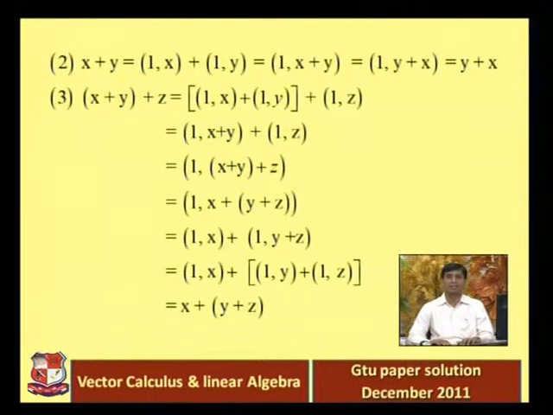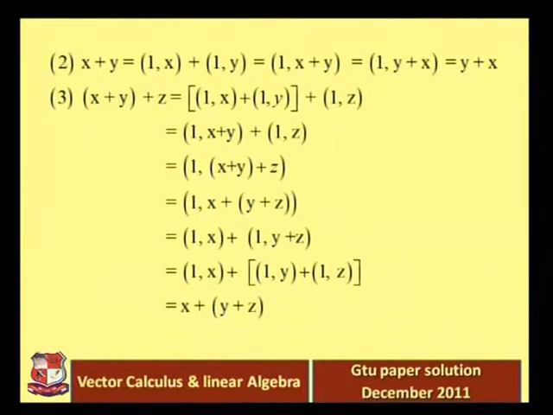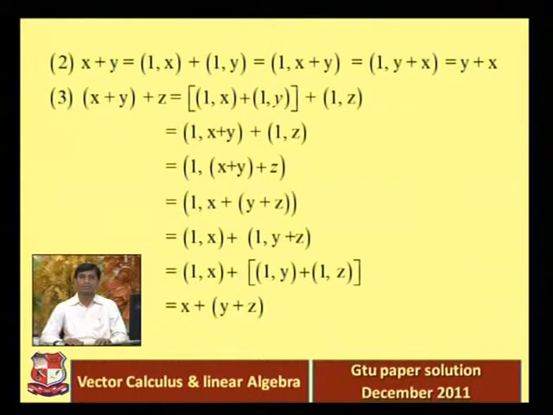Here is the second condition. x plus y is equal to (1, x) plus (1, y), which is equal to (1, x plus y), which is equal to (1, y plus x), because we already have commutativity for real numbers. x plus y can be written as y plus x, like 2 plus 3 is equal to 3 plus 2, which are the same.